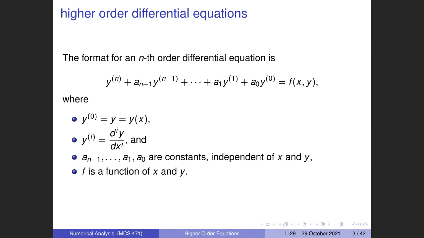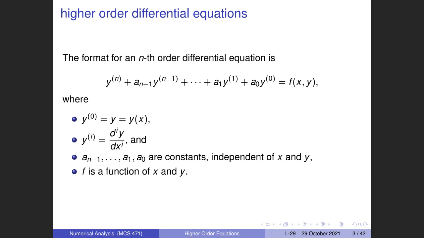All right, so we are looking for functions. Our higher order differential equations will still be linear, in the sense that the coefficients are independent of x and y. So x is the independent variable.